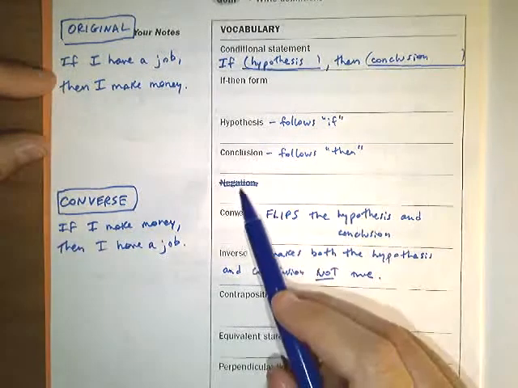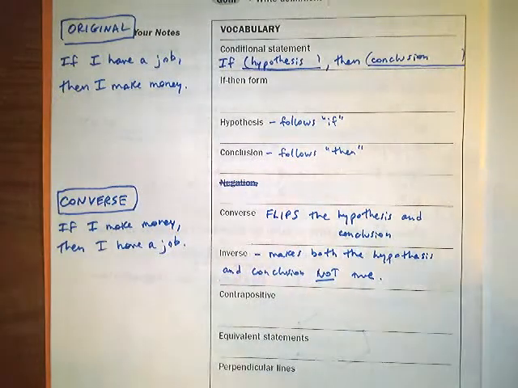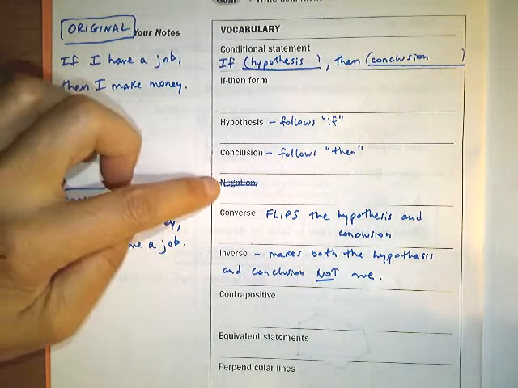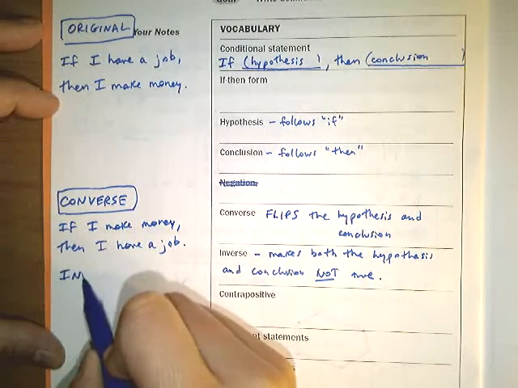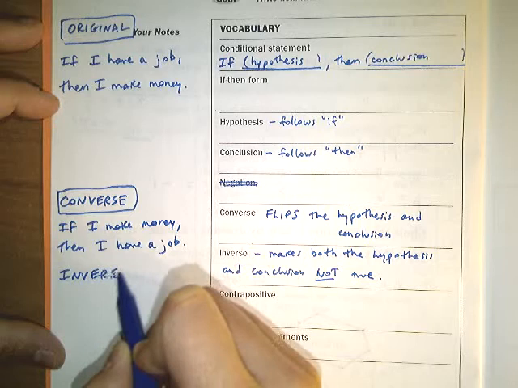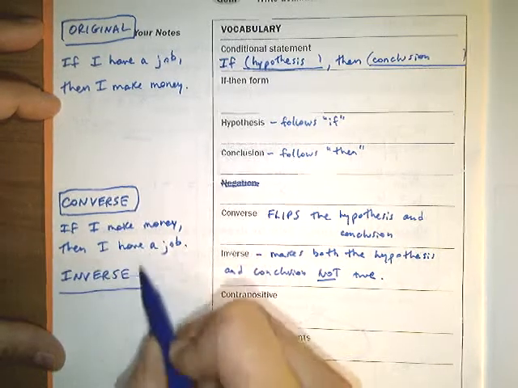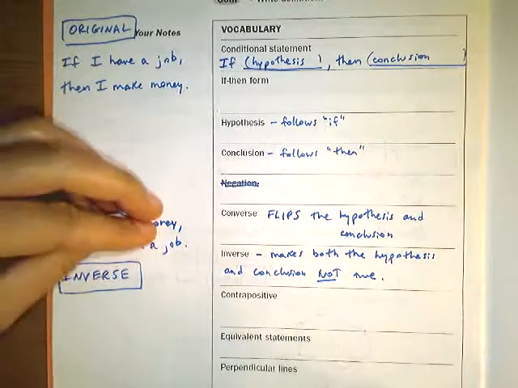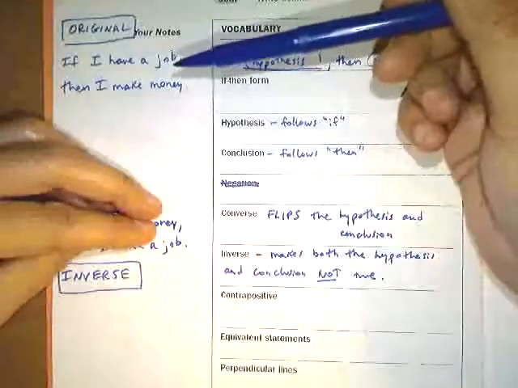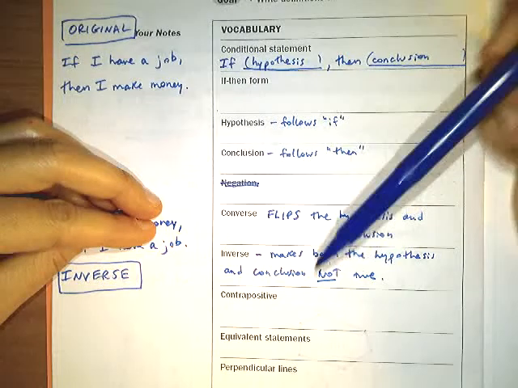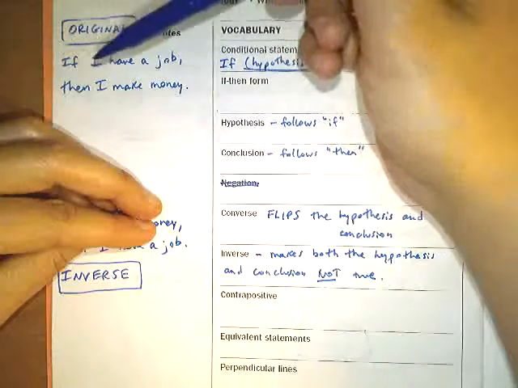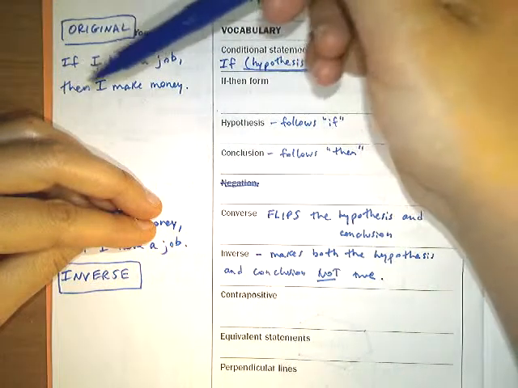It's called negating, or negation, when we say that something's not true. I didn't define it formally, but that's basically what it means. So let's do the inverse over here. Going back to the original statement, the inverse of "if I have a job, then I make money": if we say that both of those things are not true, we would say, if I do not have a job, then I do not make money.